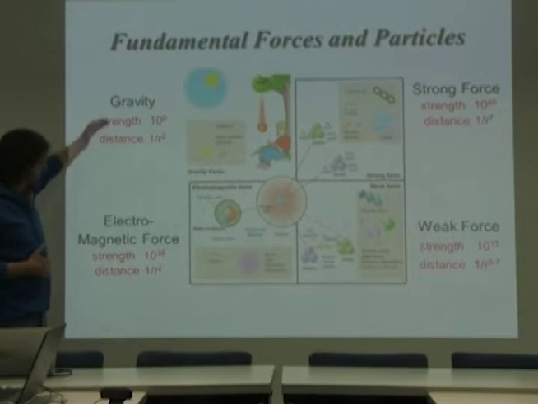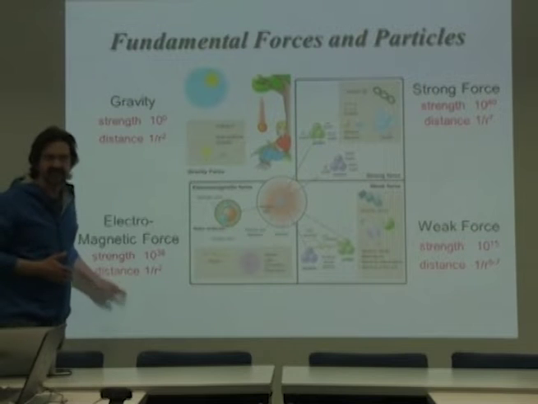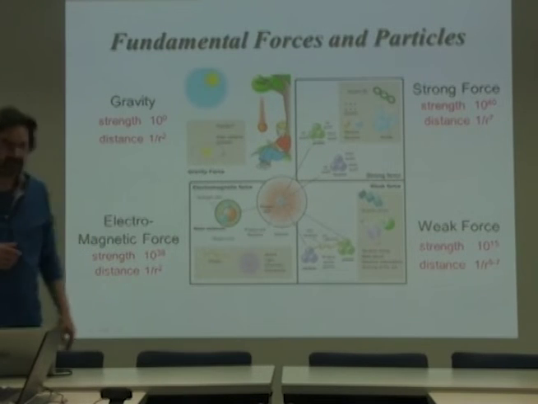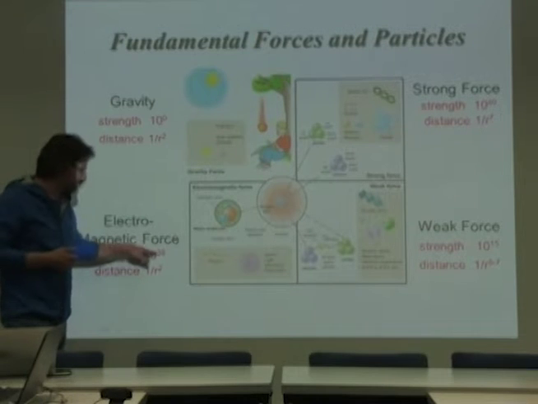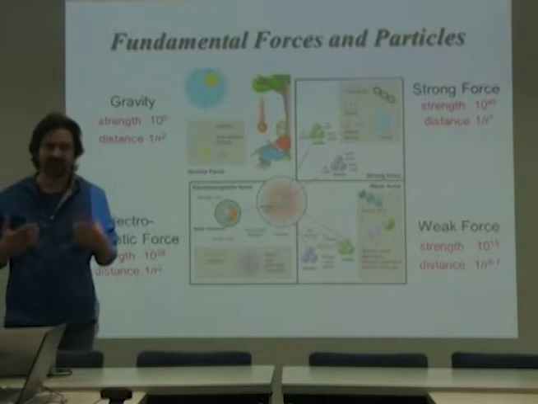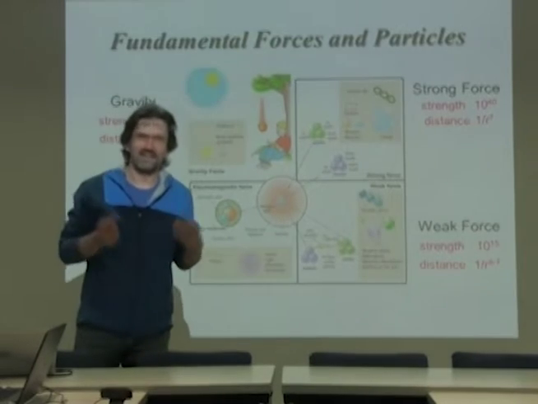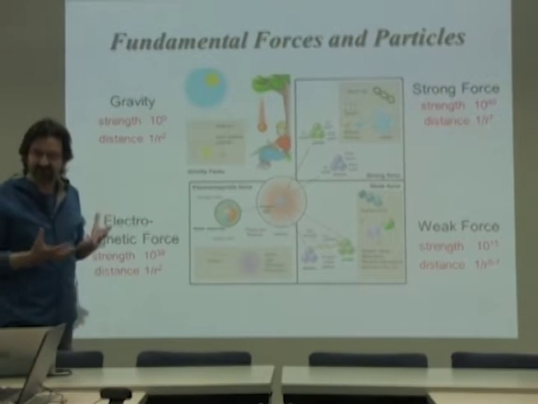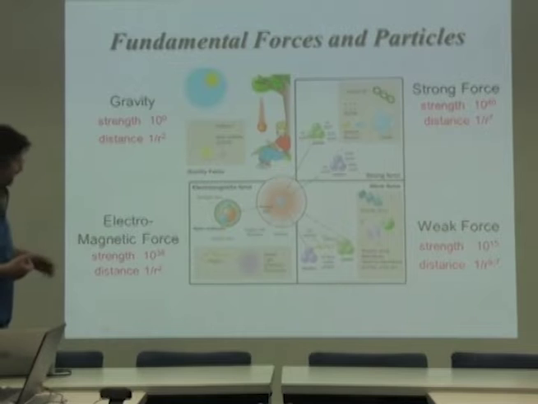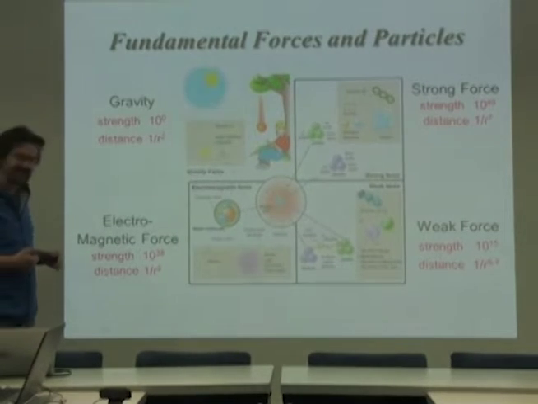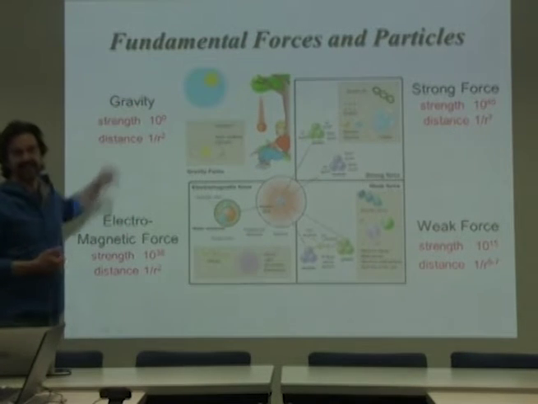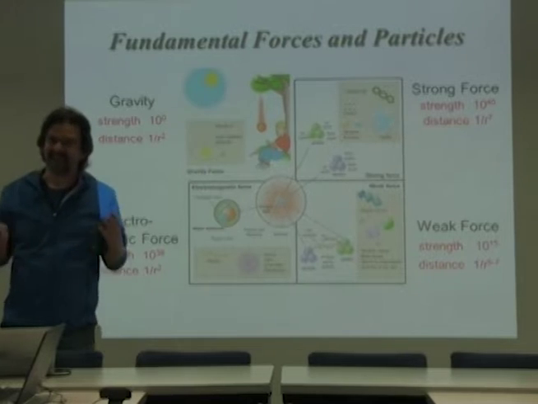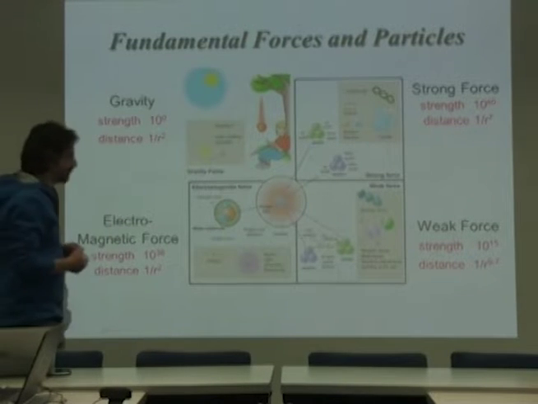The electromagnetic force and gravity have something in common. It's their distance behavior. That the force falls off as 1/r², but the electromagnetic force is 38 orders of magnitude larger than the gravitational force. That's why we have this big mismatch. It's very difficult to combine these two.